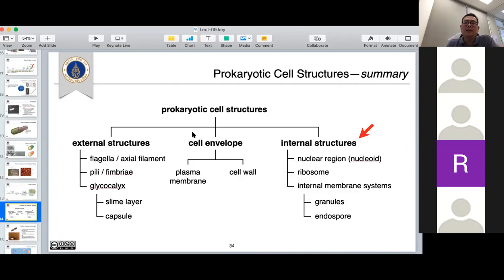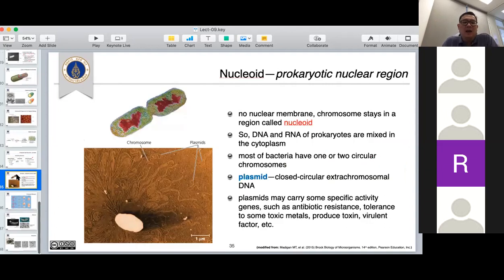Okay. Then the internal structure, we move inside the bacterial cells. That is easy. Chromosome or nucleoid. Bacteria are different from other eukaryotes. Okay.